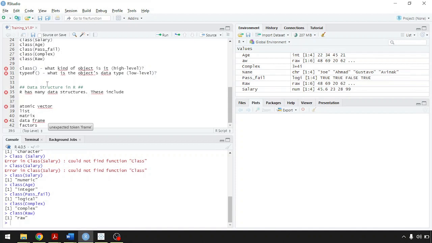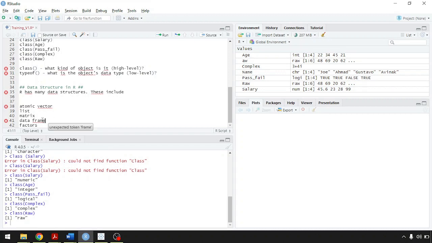My goal is not to teach R or the foundation of data structures in R. Rather, it is to teach data analysis and econometrics analysis using R. Therefore, I wouldn't get into the minutia of each of these data structures, but I would say that the data frame is one of the most commonly used data structures.